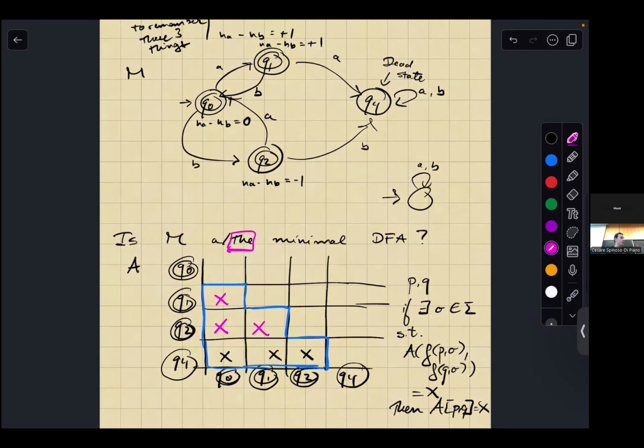Question not about minimization. Regular expression. Where do you see regular expression? So you want to find the regular expression for this? Yes, it's a regular language.